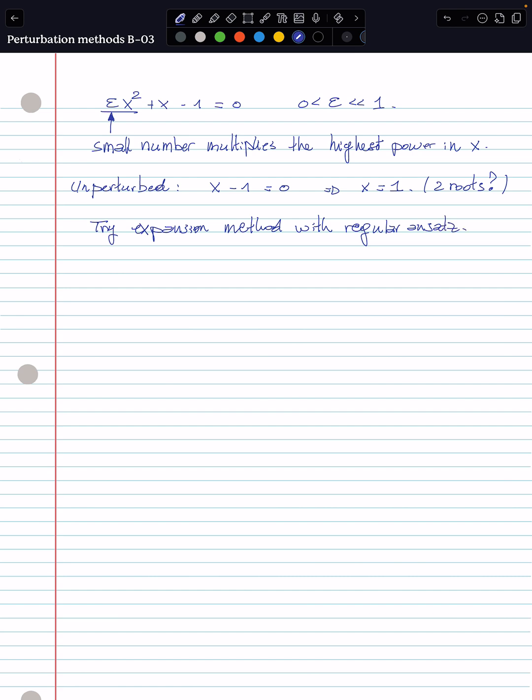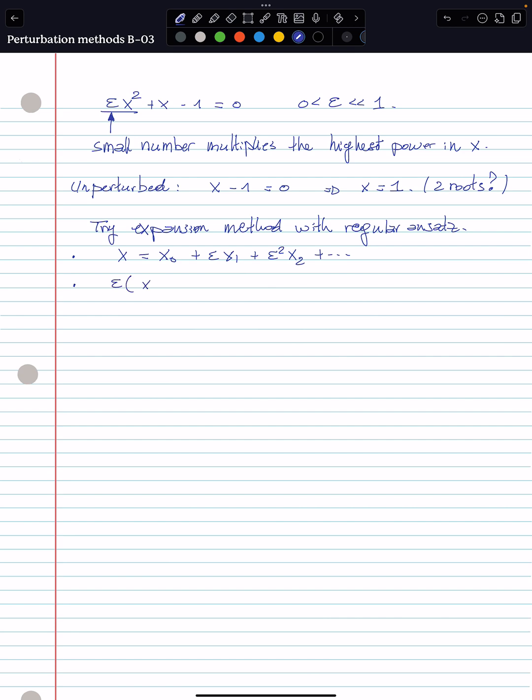Okay, so we're going to write a regular ansatz, which is x is equal to x0 plus epsilon x1 plus epsilon squared x2 and so on. Maybe we can do it a little bit faster in this case because we know how it works. So that's the ansatz. Number 2, we substitute the ansatz in the governing equation.